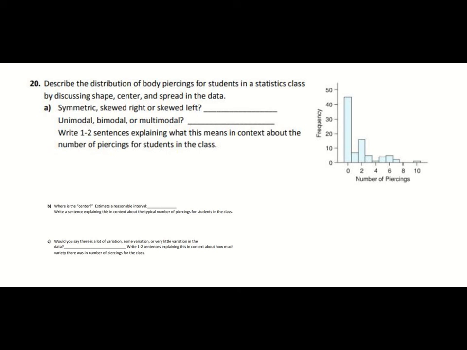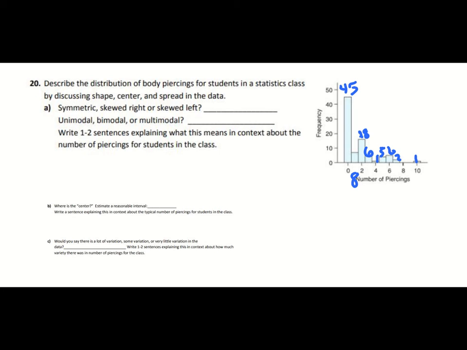Okay, describe the distribution of body piercings for students in a statistics class. So this one you have to be careful of. There's 45 students who said they had no piercings. There were probably about maybe eight or nine that said they had one. I want to say maybe 18 that said they had two, maybe about 6, 1, maybe 5, 6, 2, 1 that said they had 10.